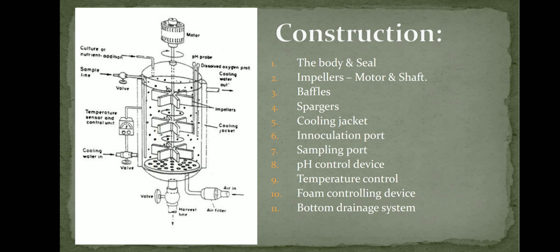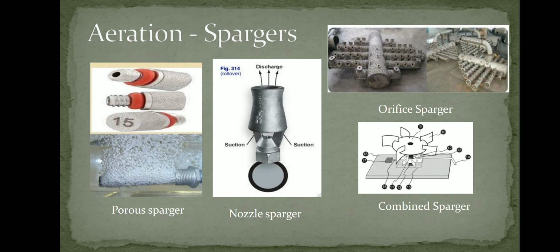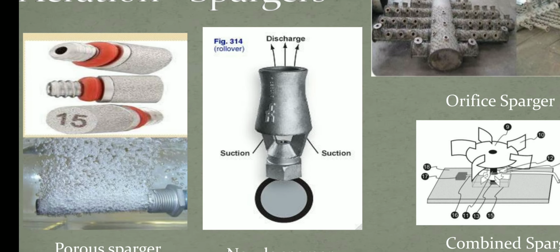The sparger structure can affect the overall transfer of oxygen into the medium. There are three basic types of spargers that are used. That is the porous sparger. You can notice here these are porous spargers, which are made up of a sand material, or they will be filled with glass wool usually.